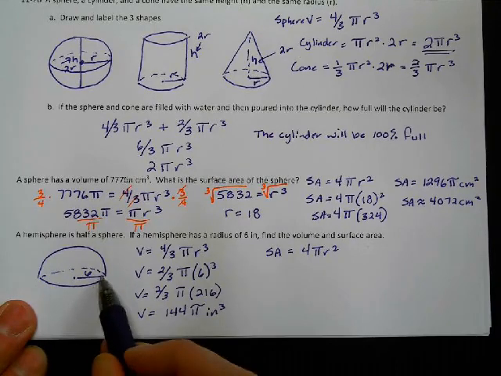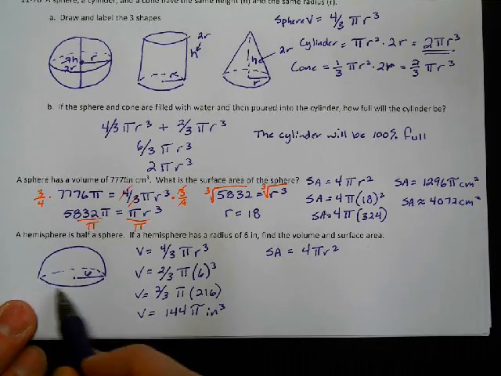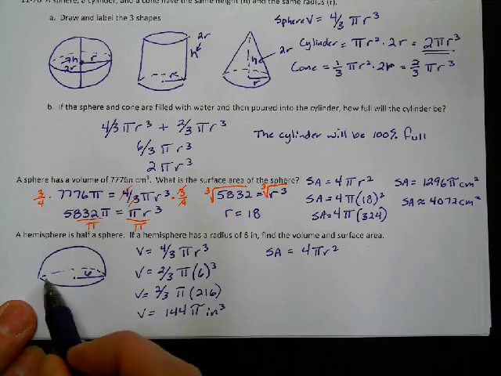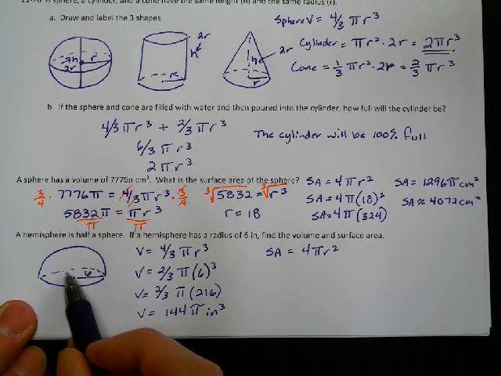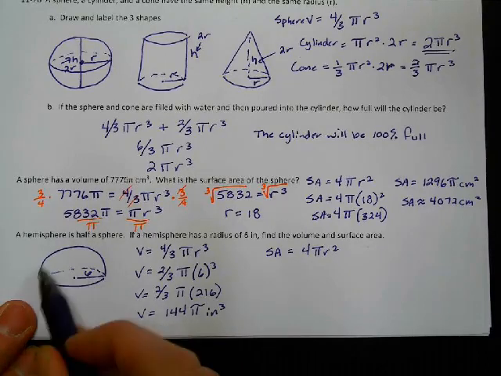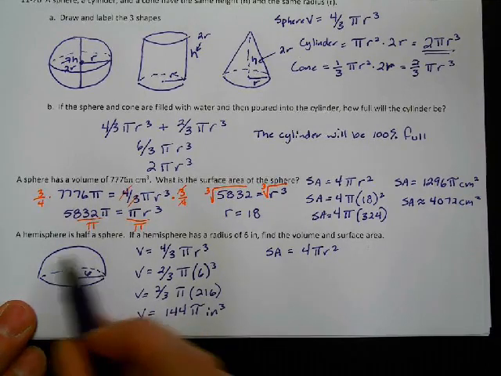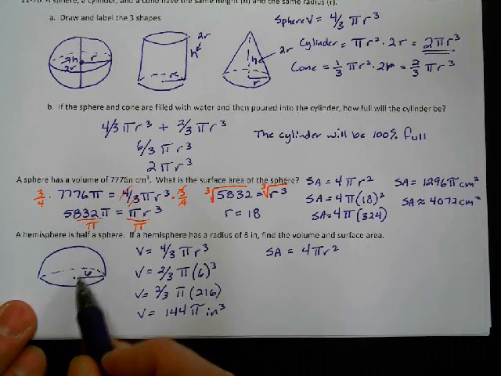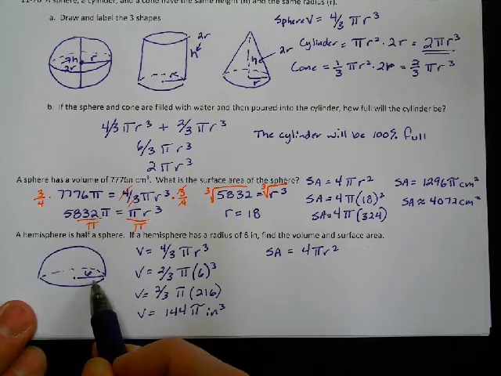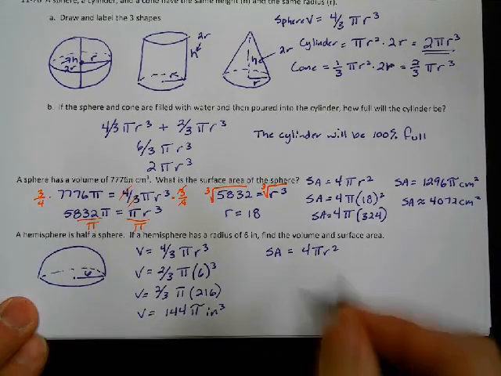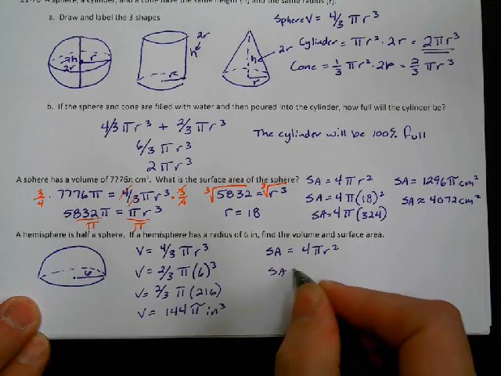We have a third circle on the bottom as the base. So a hemisphere actually has 3 circles.